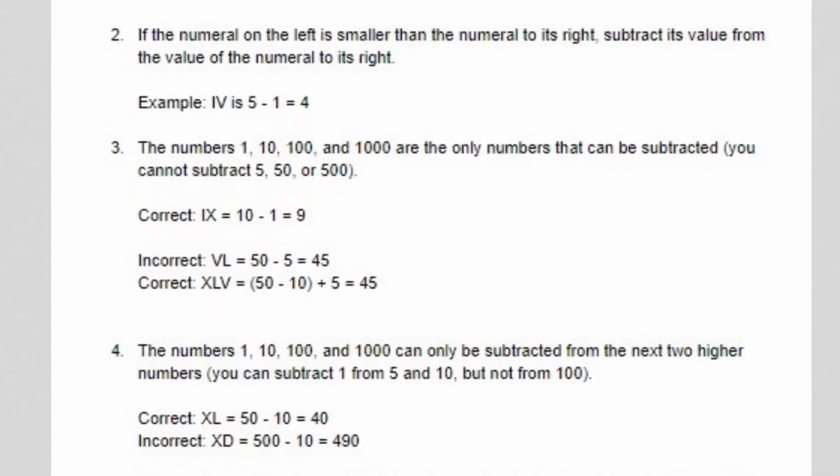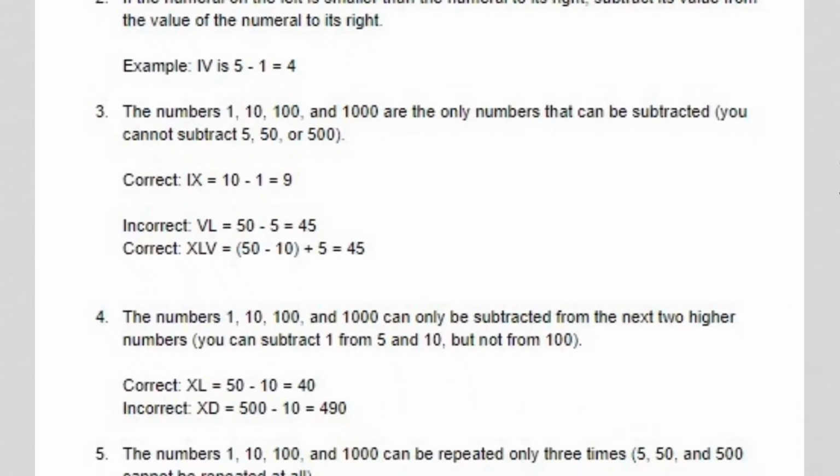The third rule talks about 1, 10, 100, and 1,000. Those are the only numbers that can be subtracted. You cannot subtract 5s, 50s, or 500s. So you can only subtract these right here. For example, this is correct: you can subtract 1 from 10, or I from X, to get 9.